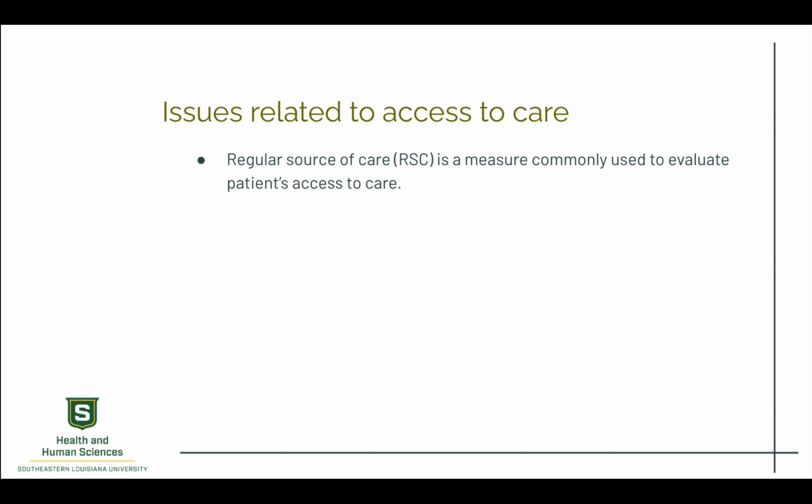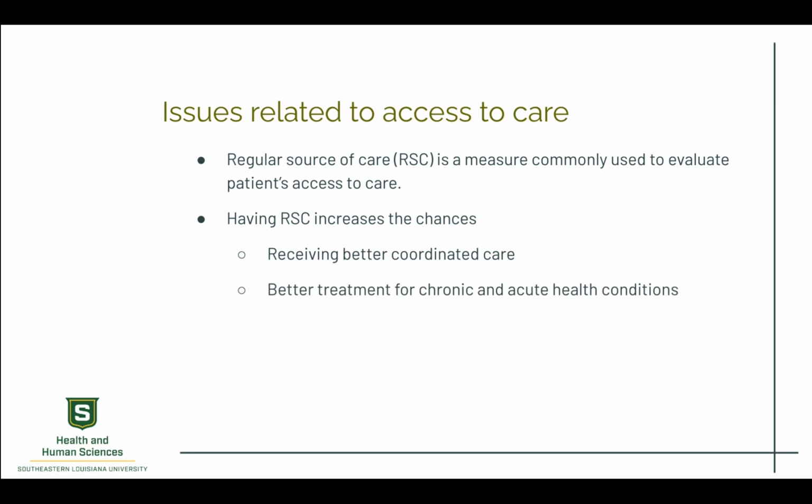So having a regular source of care increases a patient's chances of receiving better coordinated care, better treatment for chronic or acute health conditions, having fewer delays in between care in situations where you have a continuum of care, and also having better access to preventive care. So it's really an important metric when it comes to health outcomes.